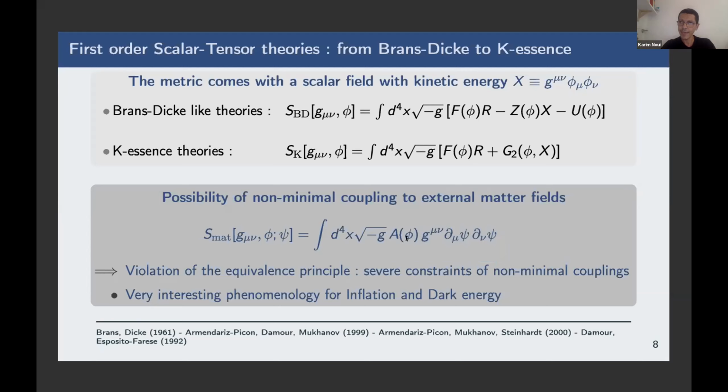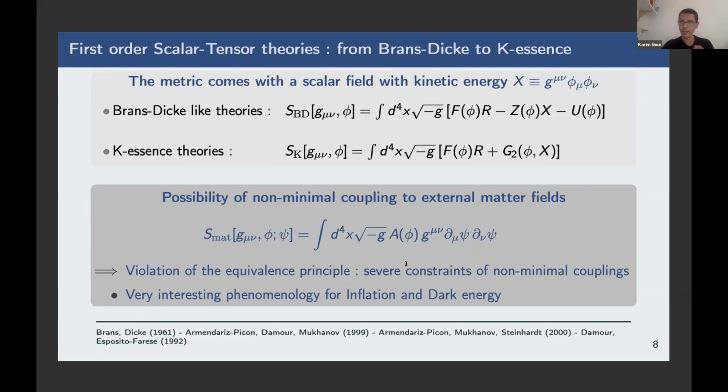And here, if A is 1, you will get the usual minimal coupling, but you can have a non-minimal coupling, so a function of phi here, which modifies slightly the coupling to gravity of the external field. And if the function A is different from one species to another species of external field, then you will have violation of the equivalence principle. And this is extremely interesting.